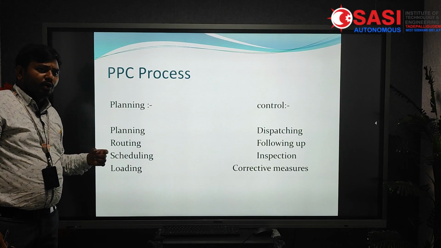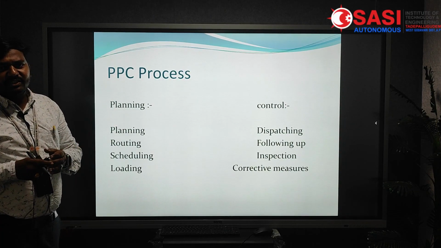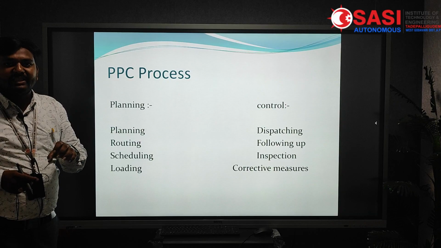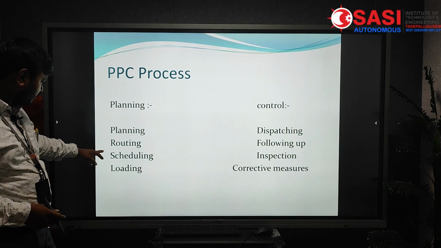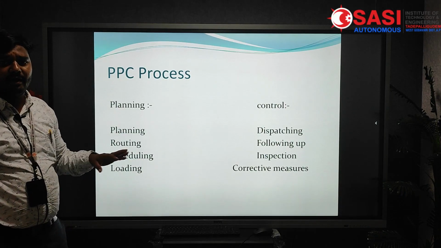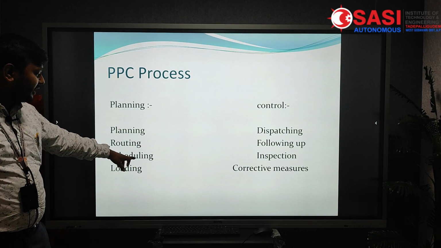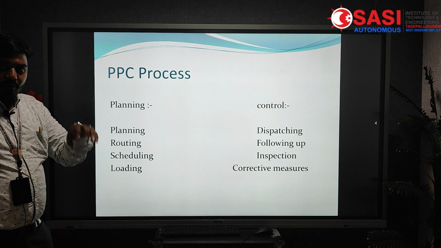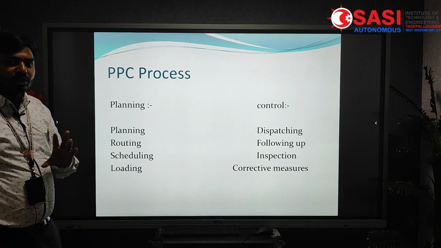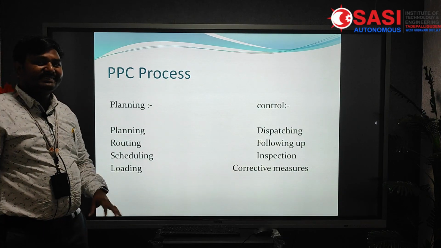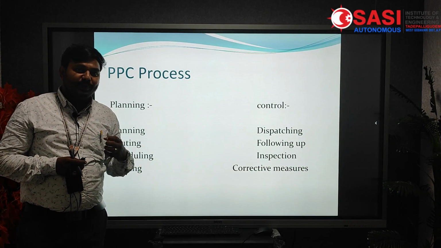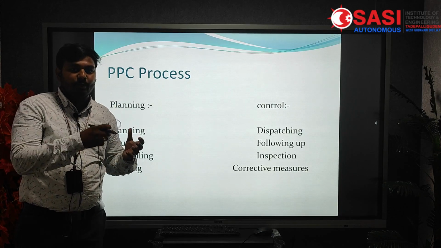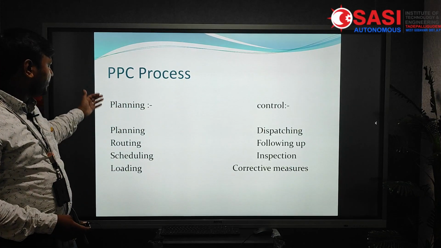And routing, in the sense, you need to select the best path through which all the inputs need to go. Scheduling, as I have mentioned earlier, in the sense when the work should be commenced and when the work should be completed. Loading in the sense, assigning various activities, various tasks to the people who are going to be involved in the production process. And this is the process of planning.